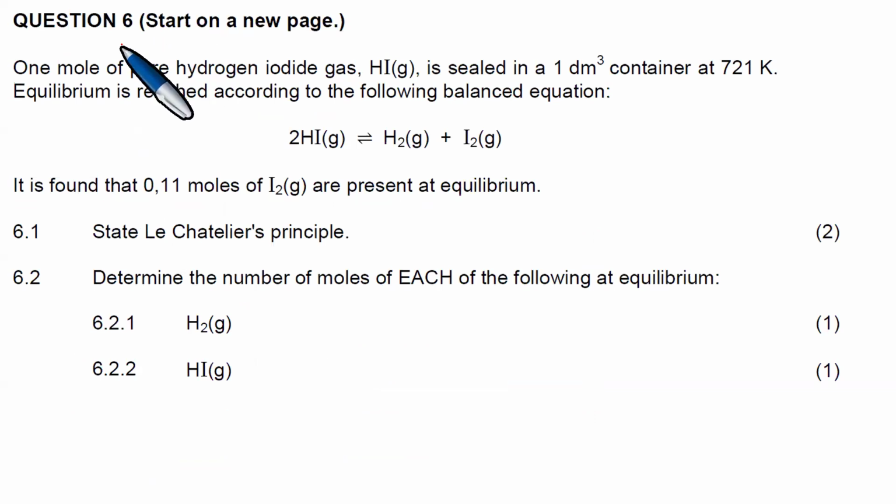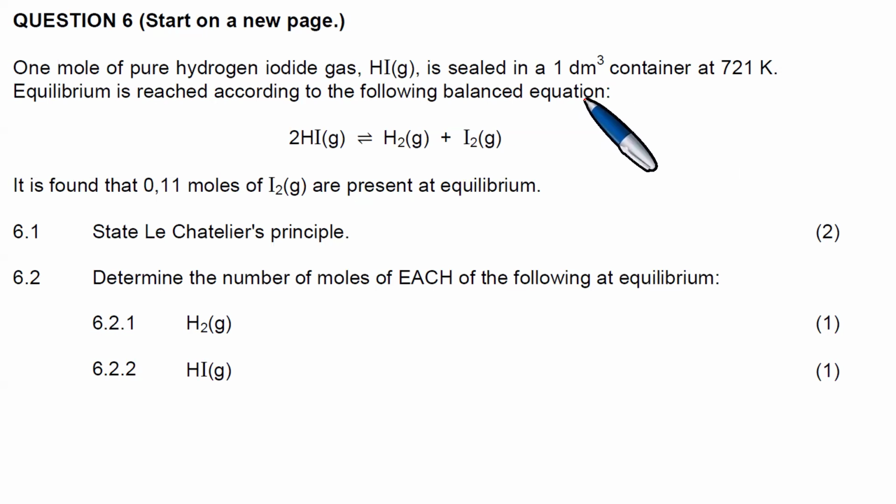Question 6. One mole of pure hydrogen iodide gas, HI gas, is sealed in a 1 decimeter cubed container, a 1 cubic decimeter container.